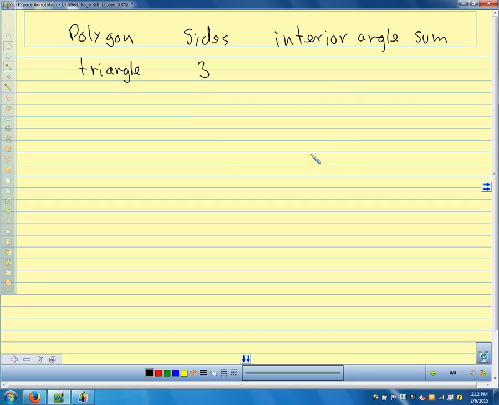Interior angle sum on a triangle? 180. What's our next polygon? Add one side? Quadrilateral. How many sides? 4. All the angles inside add up to 360.